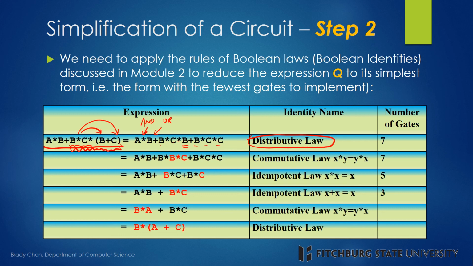So let's count the number of operators here: 1, 2, 3, 4, 5, 6, 7. So we have 7 operators. We have 5 AND gates and 2 OR gates, so we have a total of 7.